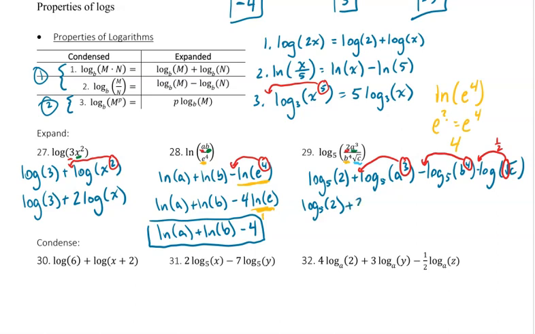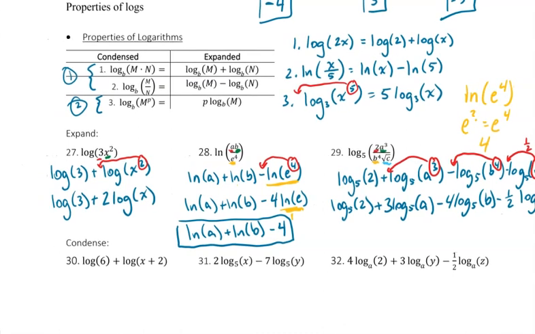And then plus 3 log base 5 of A minus 4 log base 5 of B, then minus 1/2 log base 5 of C. And I did forget that 5 there. Okay, so that's expanding. Next up, we're going to talk about condensing.